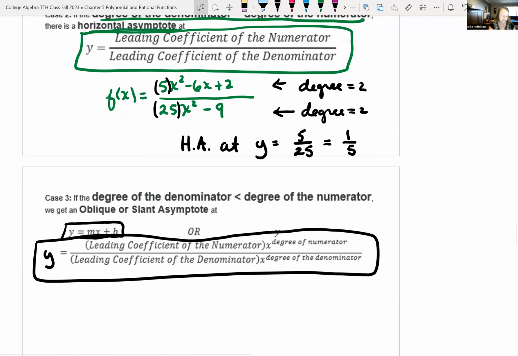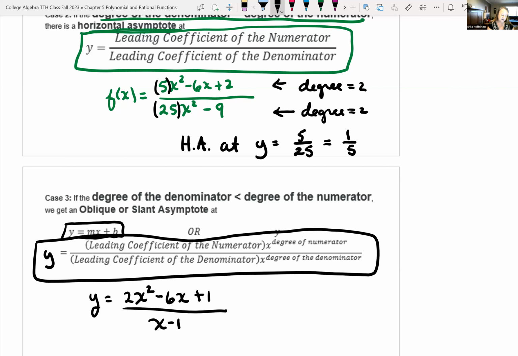So for instance, let's say we have y equal to 2x squared minus 6x plus 1, all divided by x minus 1. I notice here that the degree of my numerator is larger than the degree of my denominator.